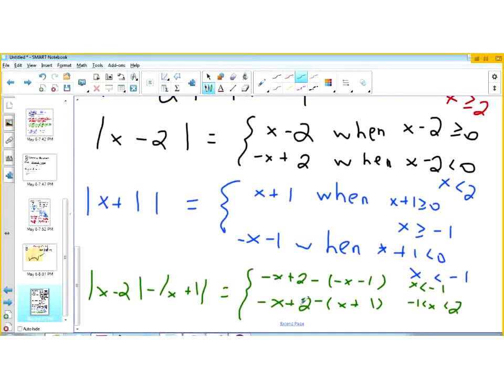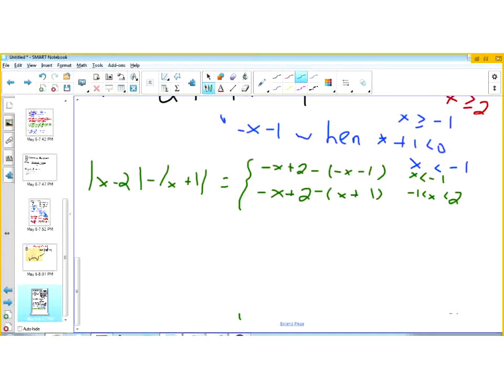And so this happens on this interval. And of course, when x is greater than 2, what do we get? So this would be x minus 2 minus x plus 1 for x greater than 2.